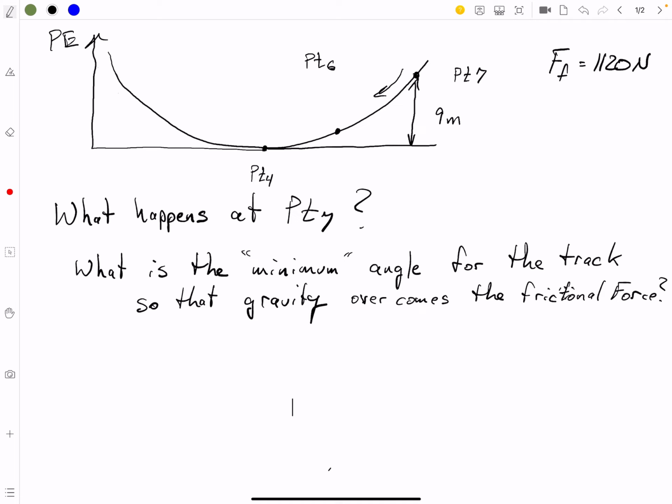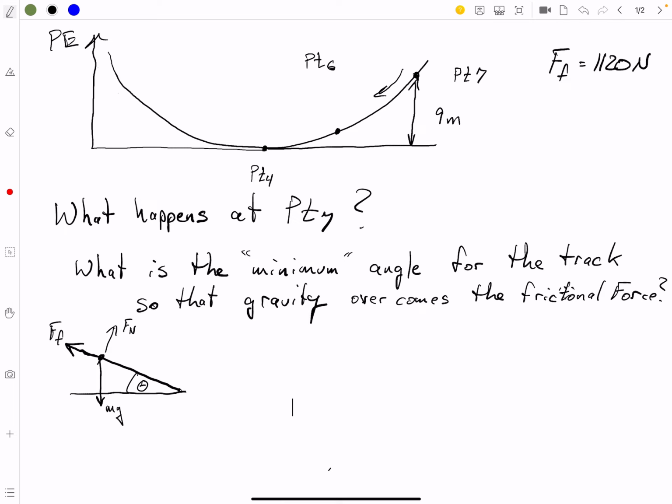Okay, so we've got our cart going back down, and it's going to keep going back and forth, but there's a point where we're going to have the cart in such a way, there's going to be some angle such that the force of friction and the normal force here, force normal, we've got mg pulling straight down.